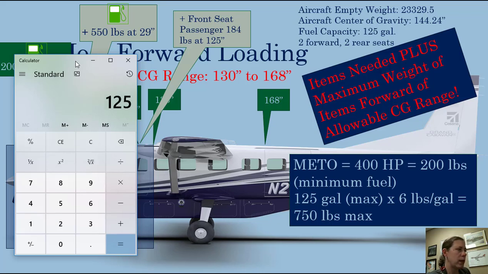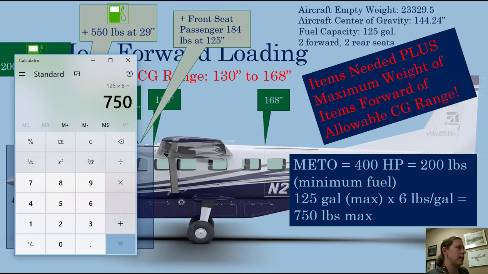So 125 gallons times 6 pounds per gallon, and I get 750 pounds of fuel that can fit in my 125 gallon tank. However, remember, we already have 200 pounds loaded because it's part of our minimum fuel.